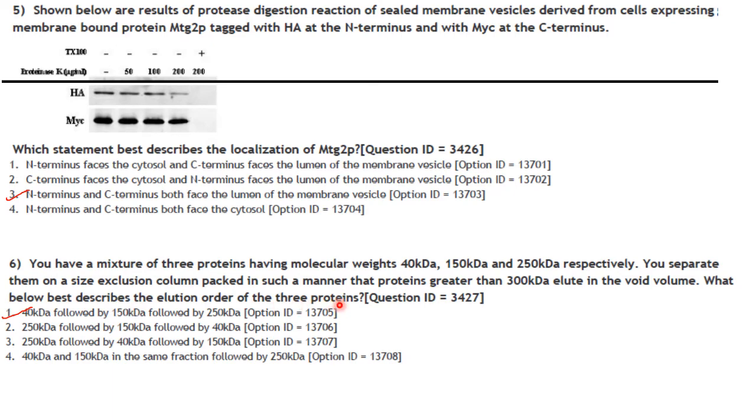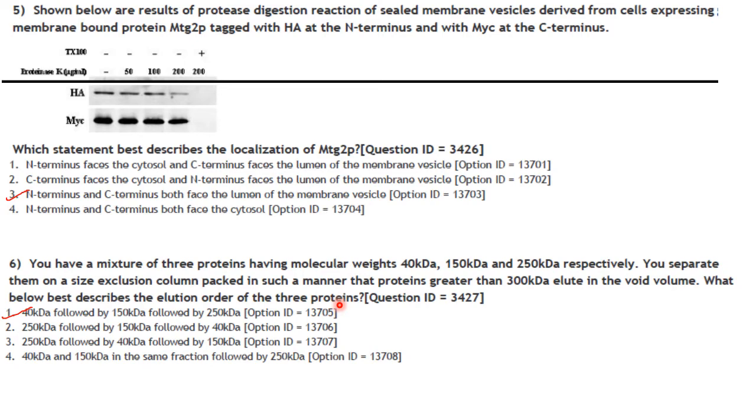Now we know that smaller molecules have more pores of the column material accessible to them. That is, they spend more time inside the pore relative to the larger sized molecule. Therefore, smaller molecules will elute last and larger molecules will elute first in size exclusion chromatography.